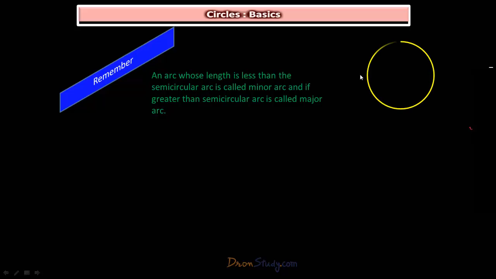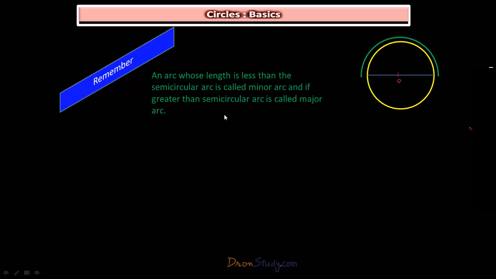Here it is a circle on the screen and it is a diameter because it joins two points of the circle and passes through the center. Then this diameter divides the circle into two equal parts. Then this is called the semicircular arc, and this is also called the semicircular arc.